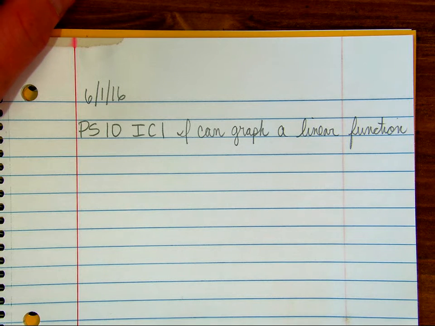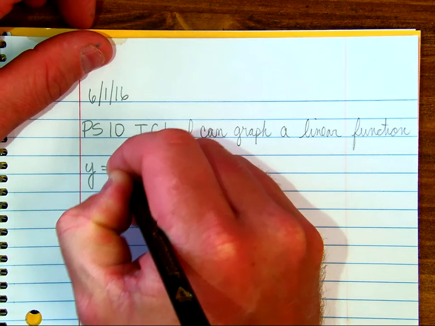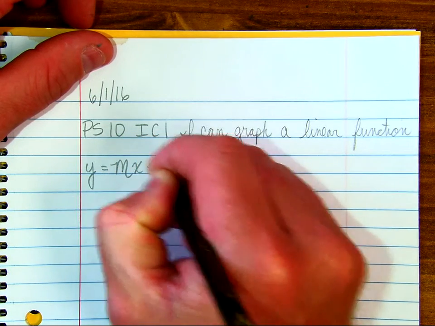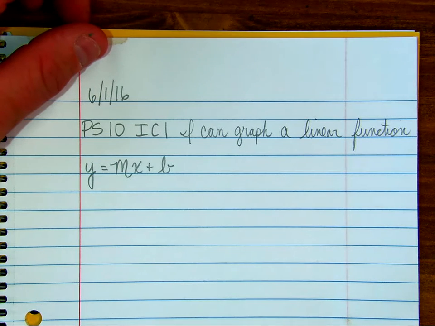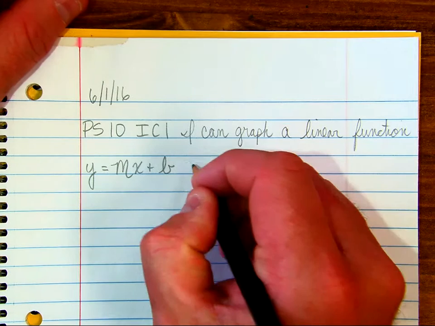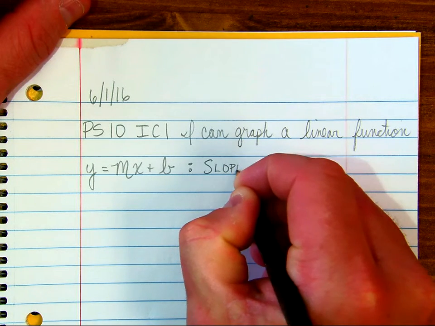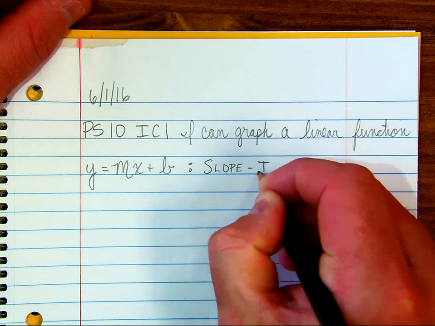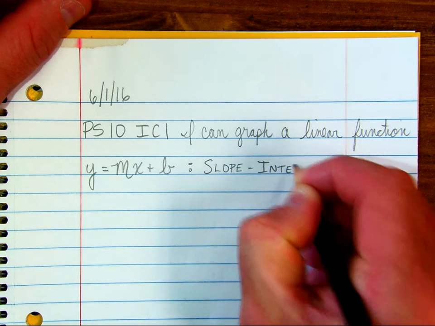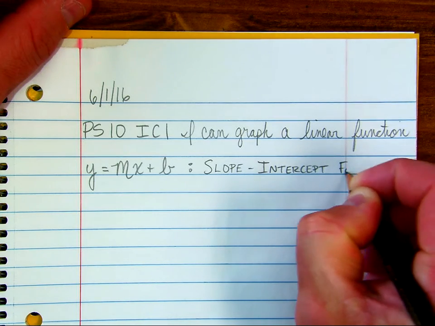The equation of a line that you need to memorize is y equals mx plus b. This is called slope intercept form.